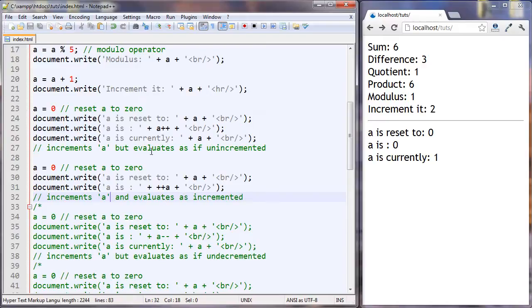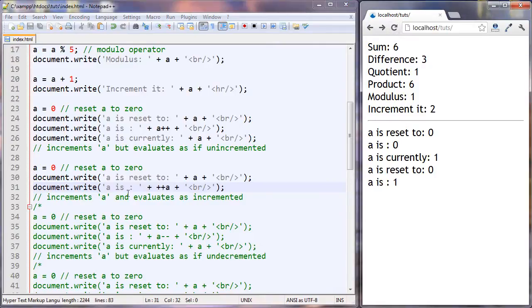So here you can think of A plus plus as incrementing this guy, but not changing itself. But in this one, first it's going to update itself, so if we output it, it's going to evaluate to the new A value, and it's also going to increment this. Let's take a look at that.